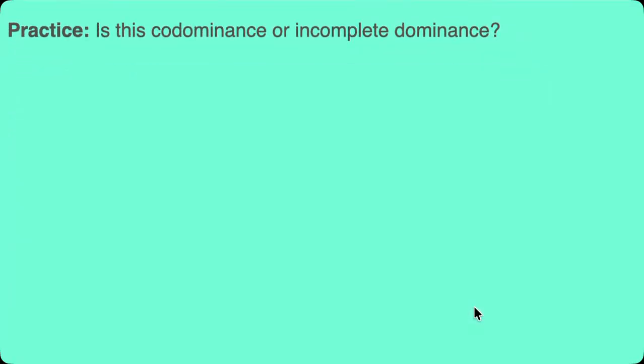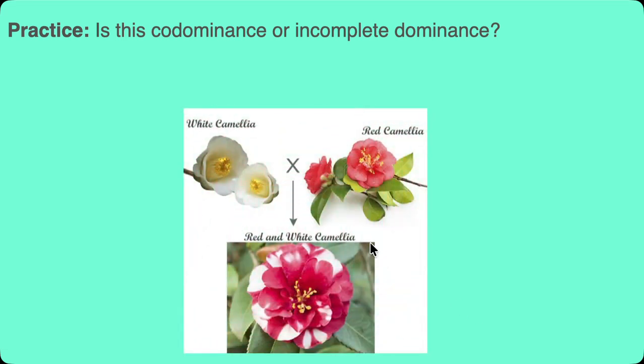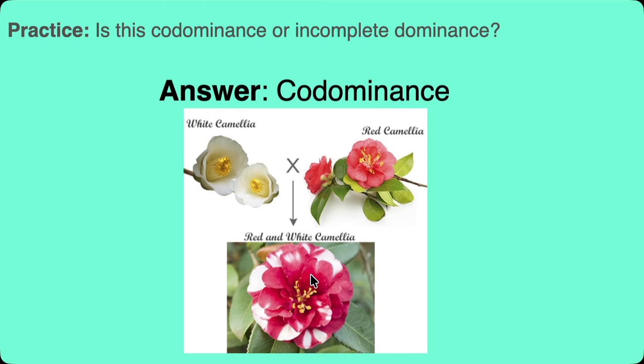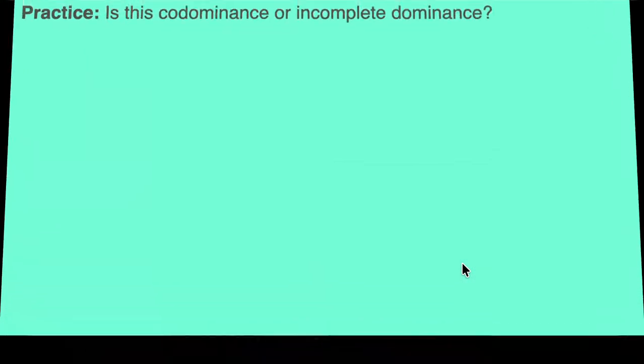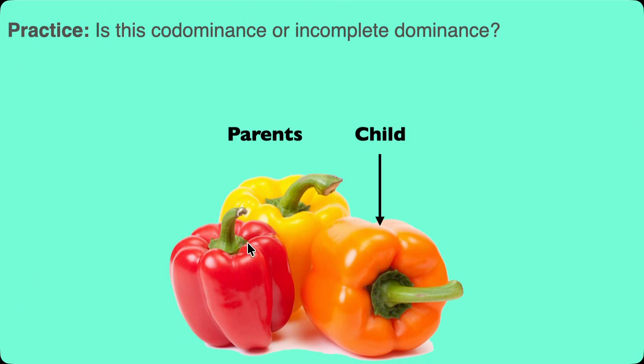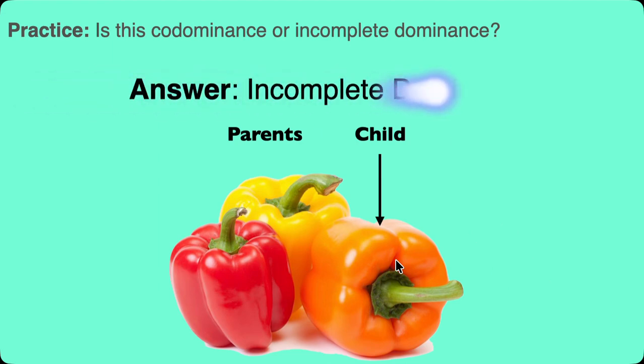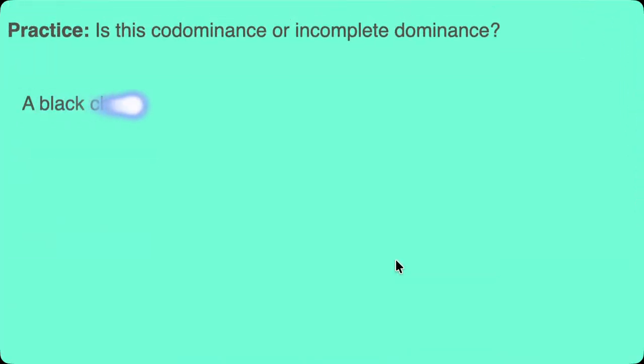All right, let's see if we can predict. What do we think here? White camellia, red camellia, this is our child. Is this showing incomplete or codominance? Codominance, they're both red and white at the same time. We have yellow and red, the child is orange. What do we think? Incomplete is a mixing, right?